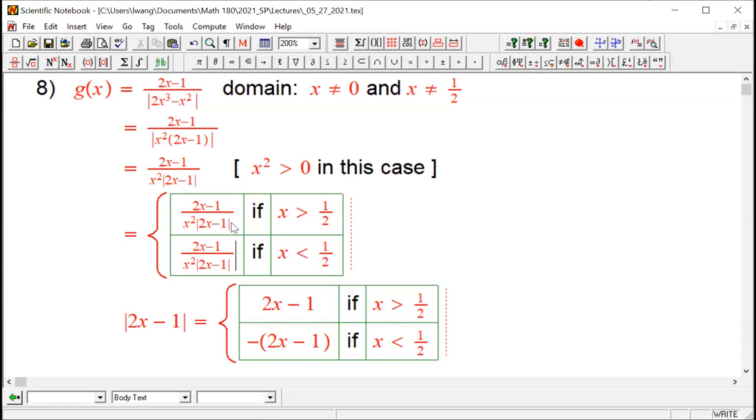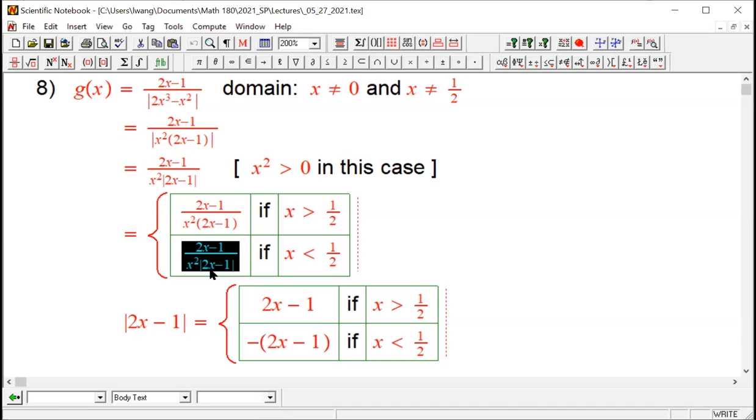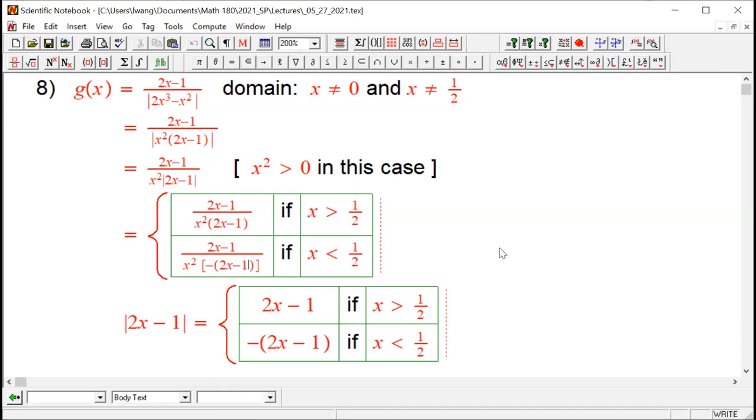But under this condition, x larger than half, it's just 2x minus 1. You see that? On this next one, what would this be replaced by? That will be replaced by negative 2x minus 1. You guys see that process?